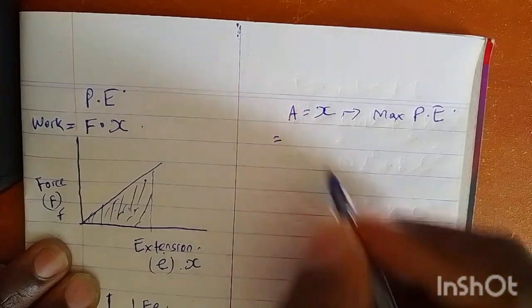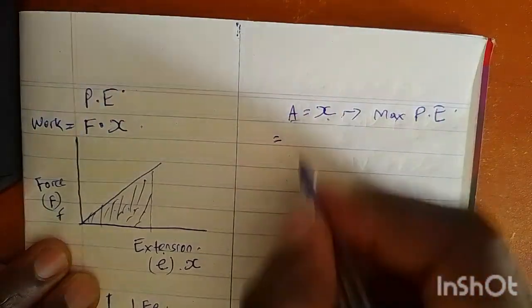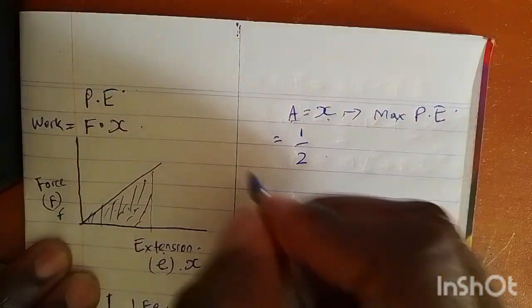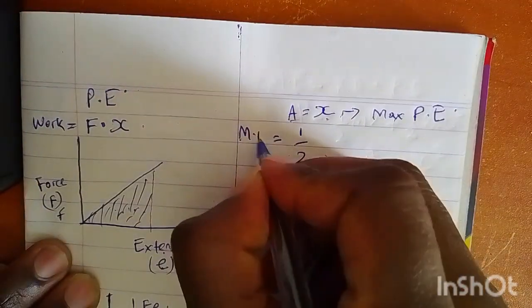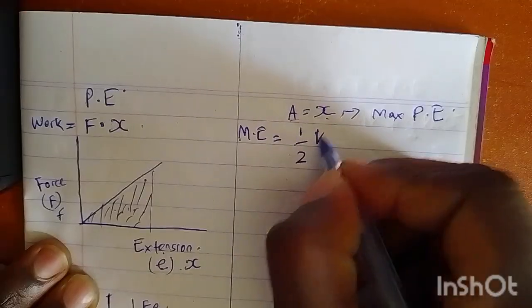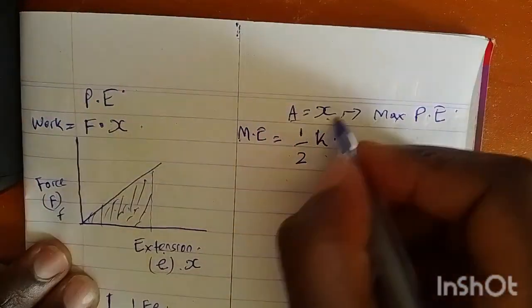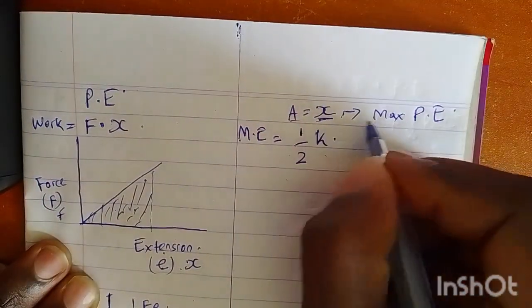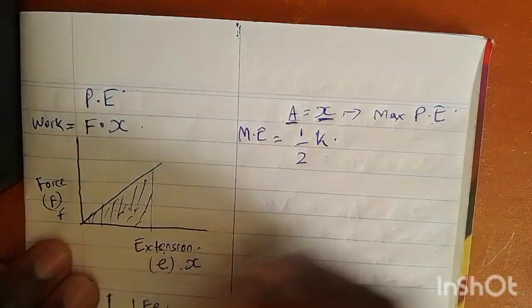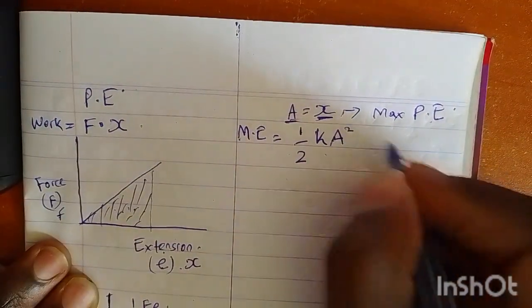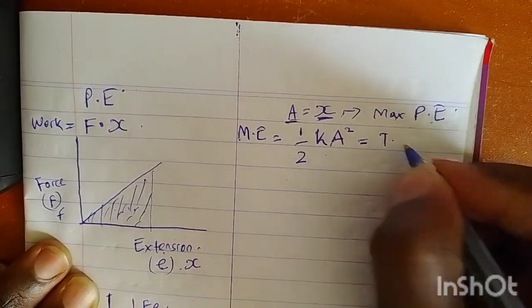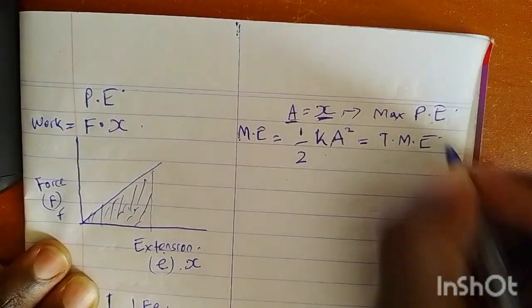Therefore, the mechanical energy of the system will be equal to half k, the spring constant, times x, and our x in this case, at maximum potential energy, the displacement, is equal to the amplitude of the system, therefore A squared, and this gives us total mechanical energy.